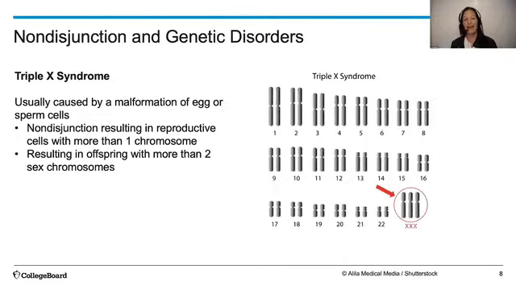This is an example of non-disjunction, resulting in the reproductive cells having more than one chromosome. What that means is the offspring is then going to have more than 2, or the standard number of sex chromosomes. So you can see here, this individual has 3 X chromosomes, hence the name triple X syndrome.